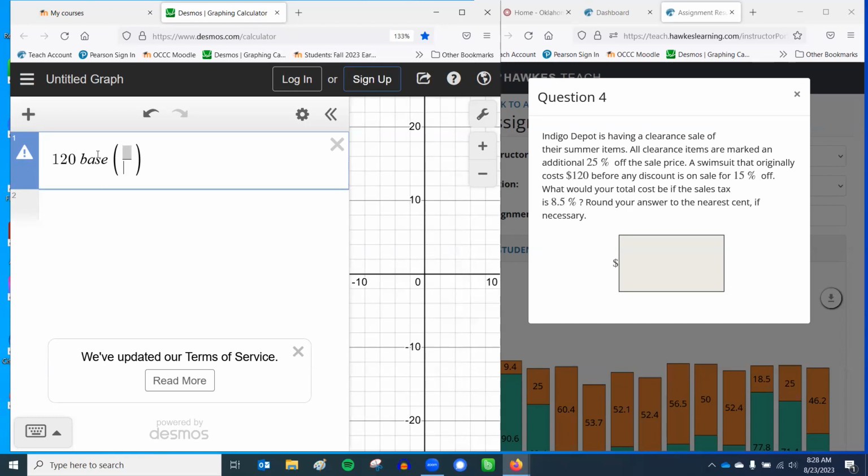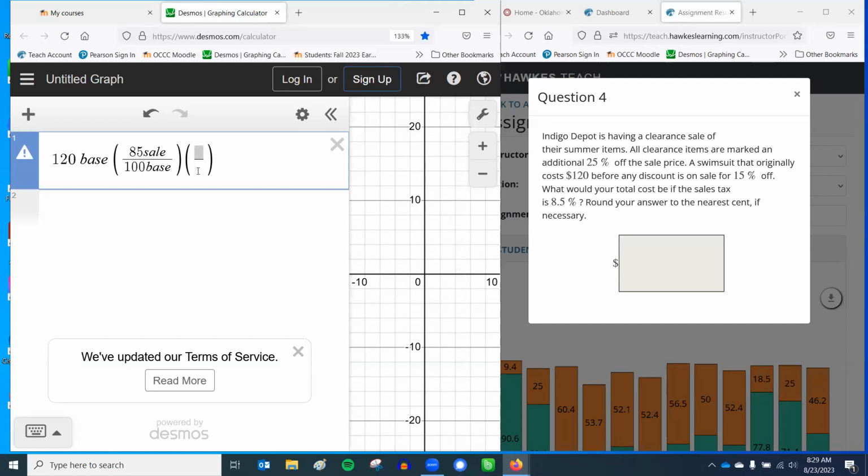It's a percent, so that means for every 100 base dollars, we are going to pay, it says 15% off. Well, 15% off means 15 of every 100. So for every 100 base dollars, we're going to pay 85 sale dollars. Okay. Then we have a clearance.